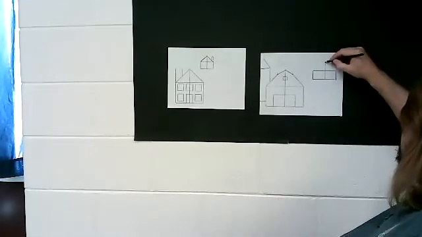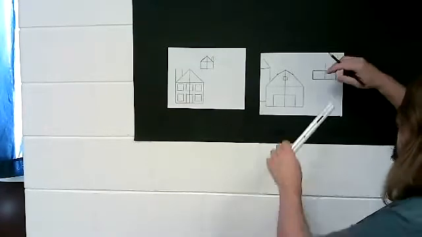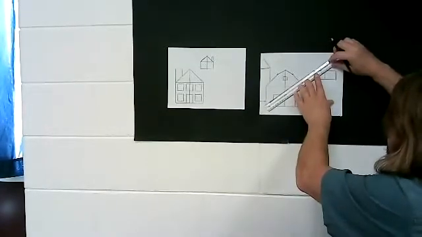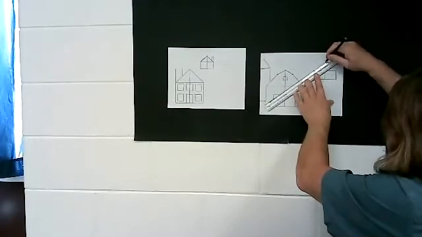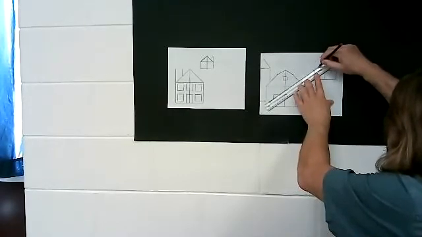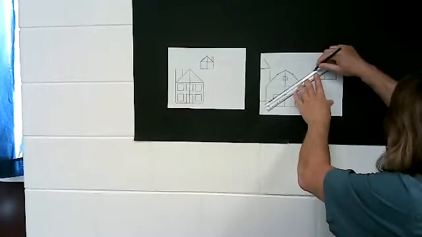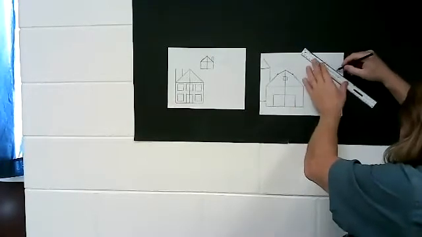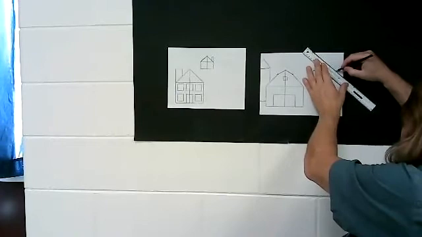Then from the top of the roof to the top of the wall, I'm going to connect these 2 lines with my ruler too. And I'm going to connect these also with my ruler.